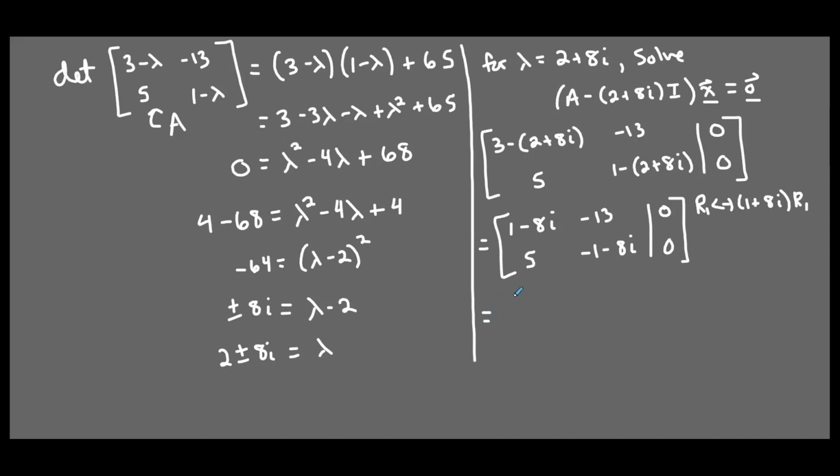So if we multiply 1 plus 8i times 1 minus 8i, I'm going to get 1 minus 64 i squared. i squared is negative 1. So I'm going to get 1 plus 64. This will be 65. This is minus 13 times 1 plus 8i. I have 5 and negative 1 minus 8i on the bottom.